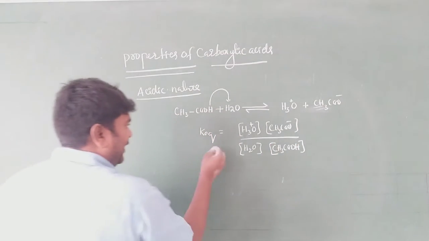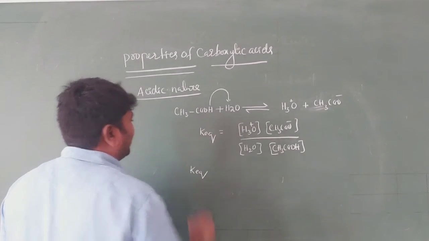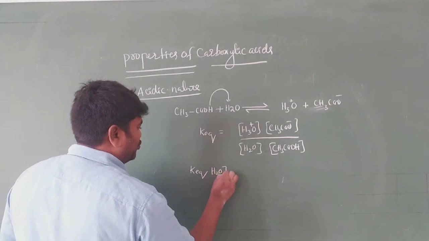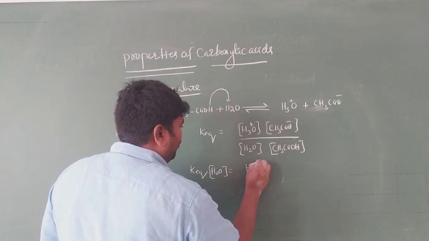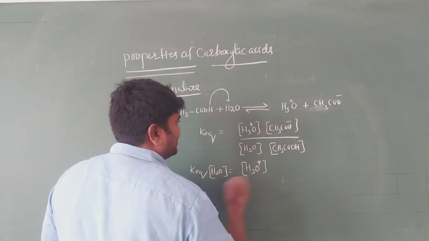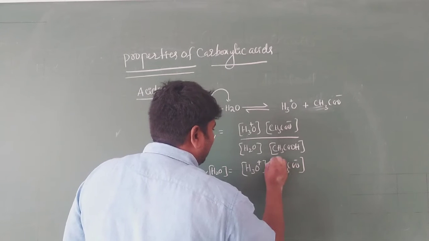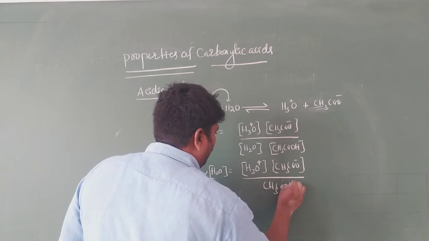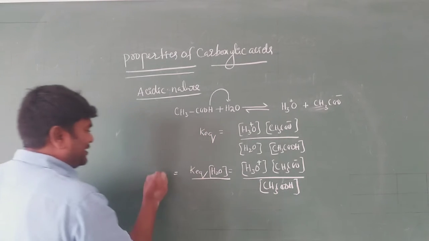Next one, K equilibrium is a constant. K equilibrium times H2O is equal to H3O plus times CH3COO minus divided by CH3COOH.